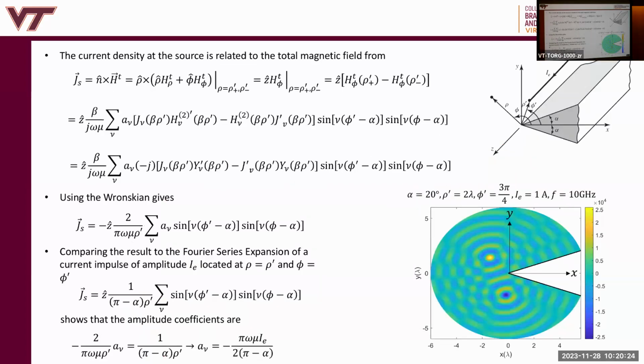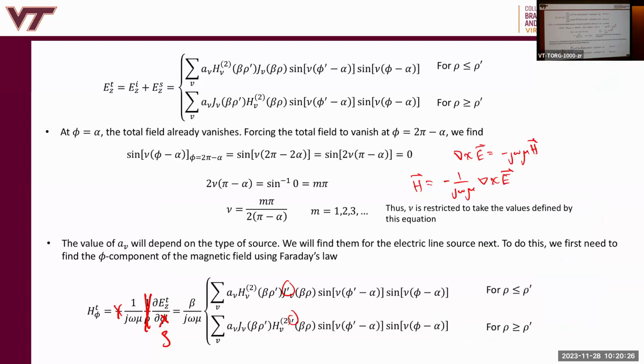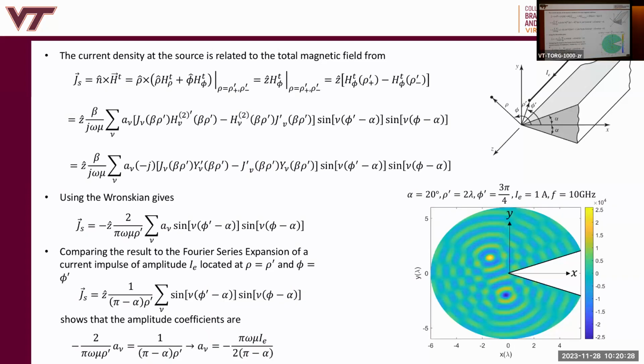Okay. So what are we going to do? Now that we have H phi, we're going to find the current density, not on the surface of the PEC wedge, but at the source, and you'll see why. So the current density at the source is related to the total tangential magnetic field from the boundary condition, J equal to n cross H total equal to rho hat crossed with rho hat H rho plus phi hat H phi, evaluated at rho plus and rho minus, the difference of those, right?